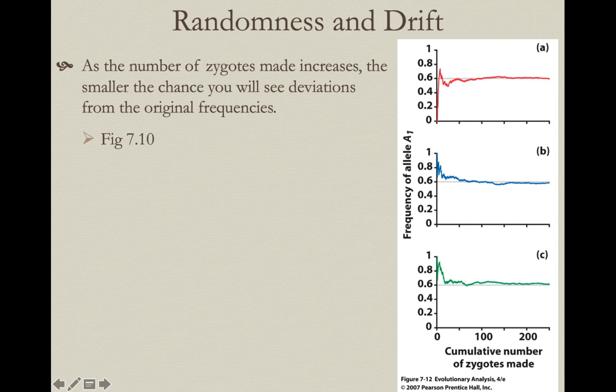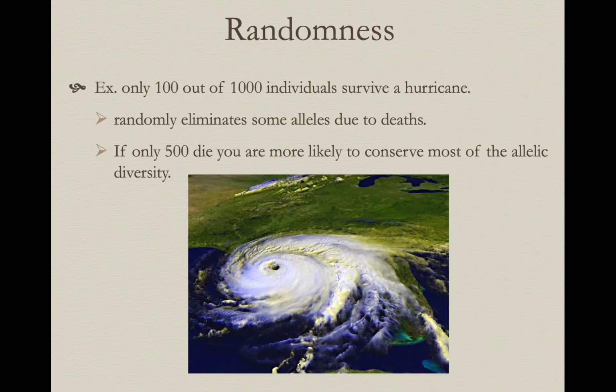The only thing that is the same among these simulations is the greater the number of zygotes you pick, the more likely it is to be right on that 60% line. The smaller the number of zygotes picked, the smaller the sample size, the greater the deviation from your initial starting point of 0.6.